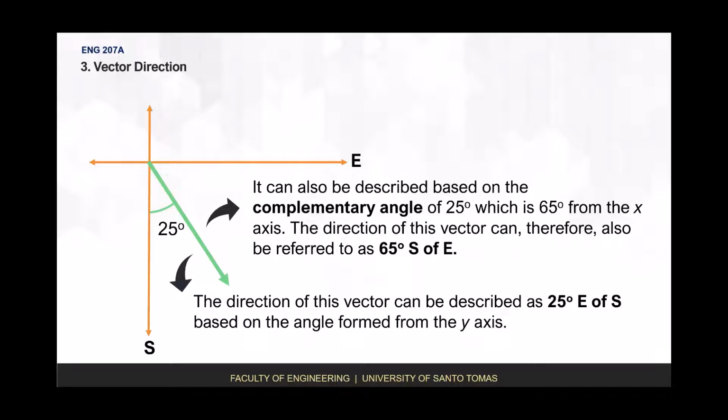So it's pointing east and 25 degrees east of what axis? South. Or in this case, you can also call it 65 degrees south of east. As long as you know where it's referencing from and using proper signs naman. So this one, 65. And since they're complementary, you just subtract 25 from 90 degrees.